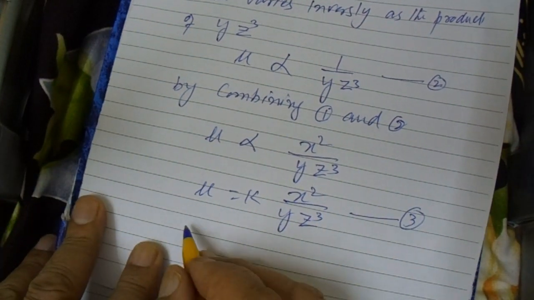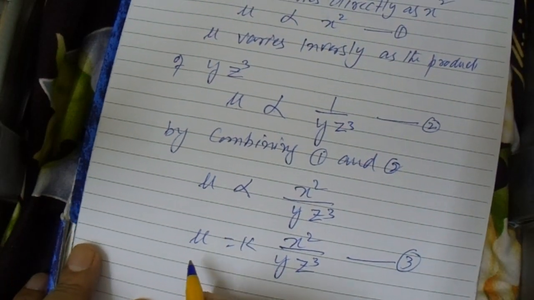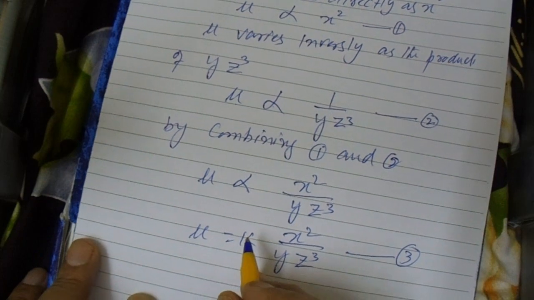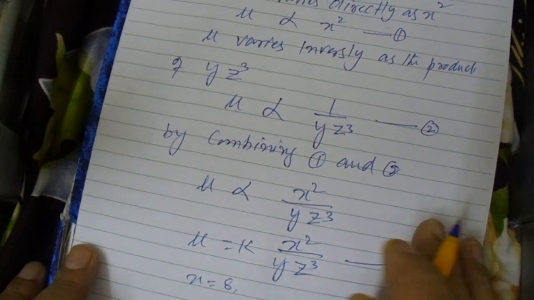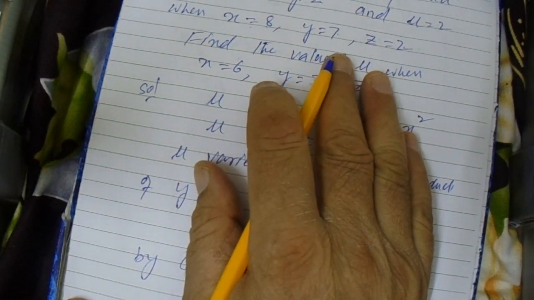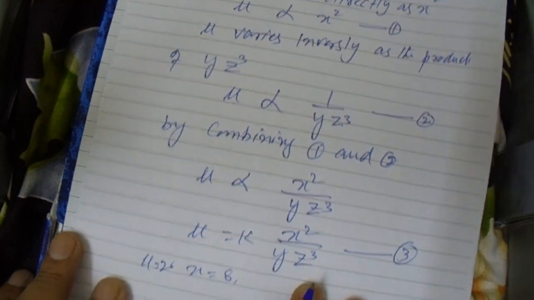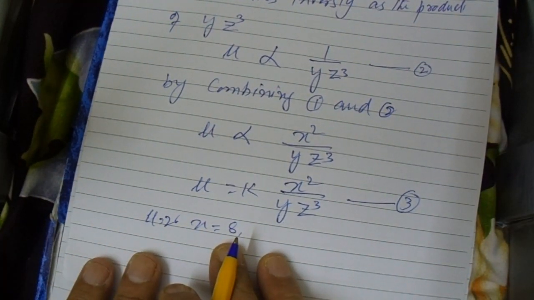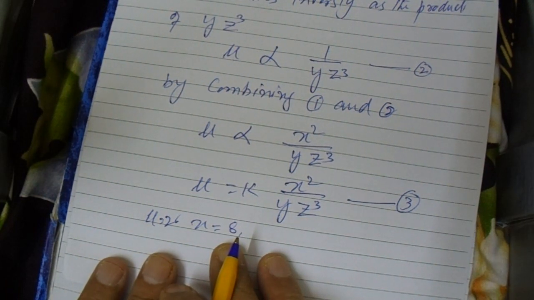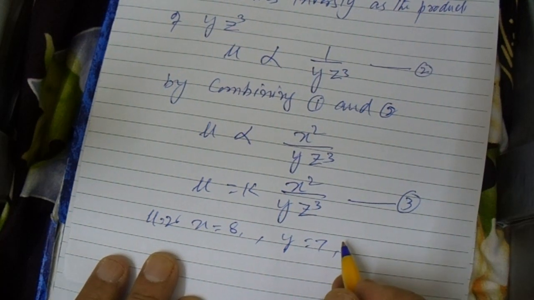And we put x is equal to 8, and u is equal to 2, y is equal to 7, and z is equal to 2.